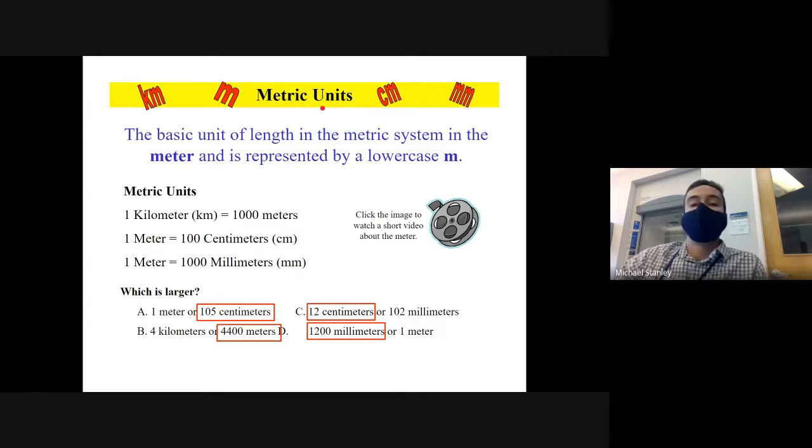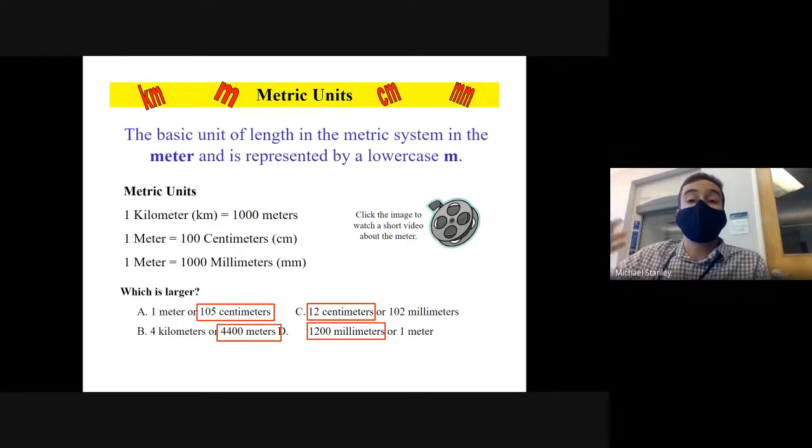Yep, looks good. All right, so meter is for length, for measuring out stuff. It's the metric system or the SI unit that we use for it. So we're not using inches or feet or miles anymore. We're using meters and kilometers and millimeters, all that good stuff.